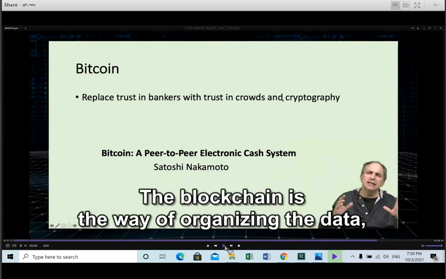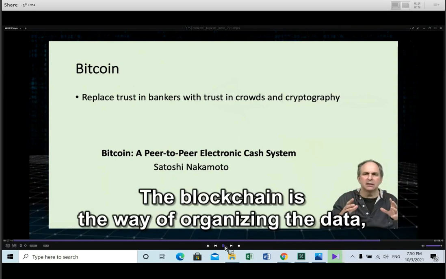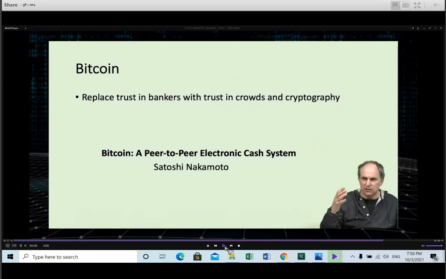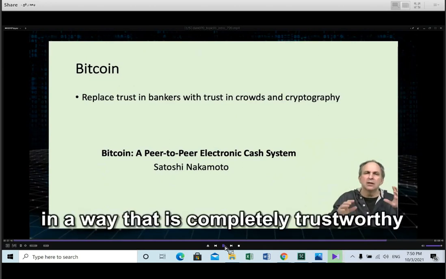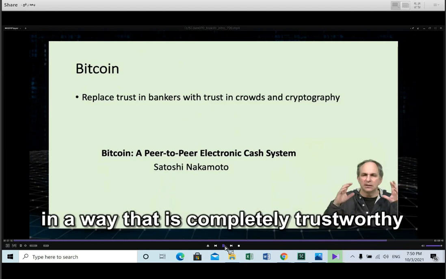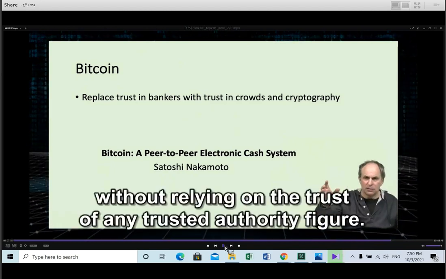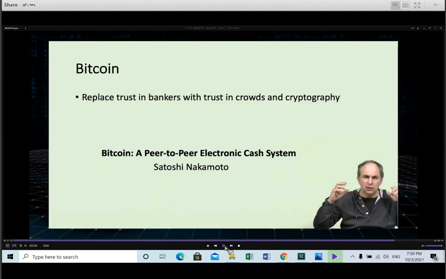The blockchain is the way of organizing the data, which is mostly transaction data, in a way that is completely trustworthy, without relying on the trust of any authoritative figure.